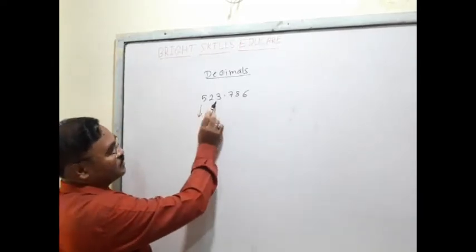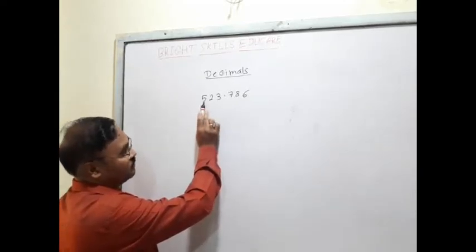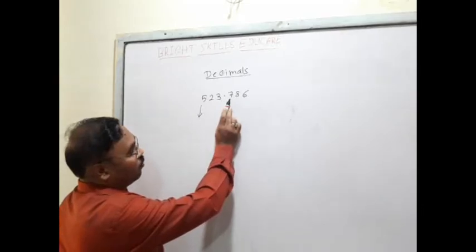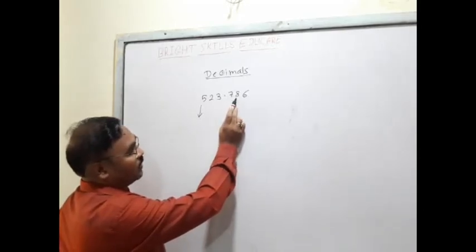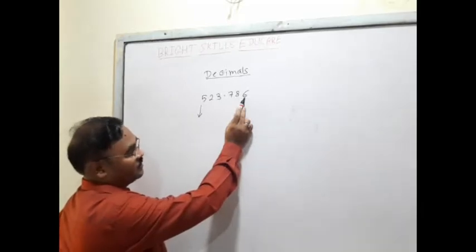5 means this is unit place, 100 place, and this one is 1000 place. Here 1/10 place, 100 place, and 1/1000 place.